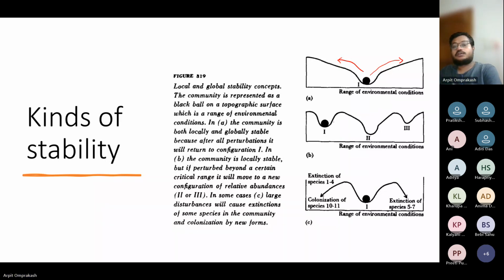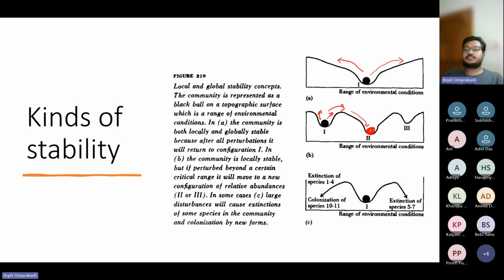Now, the second case is the case where the community is locally stable. So here what happens is if you push it to slightly different environmental conditions, it will come back to the same local community. But if you push it beyond a certain point, it will go to another local community. So the community will change if you push it slightly more.